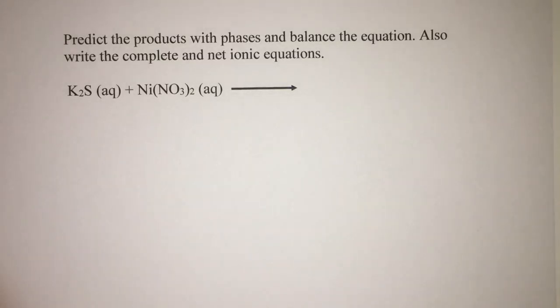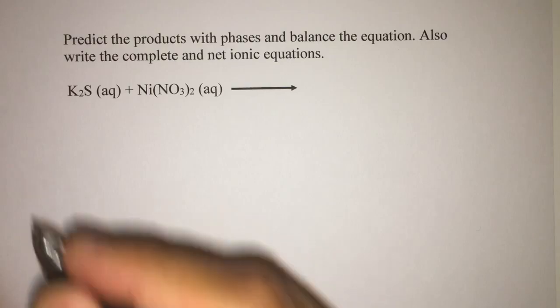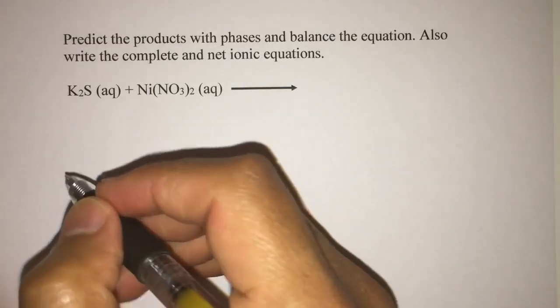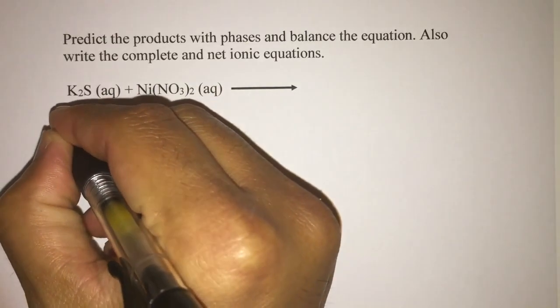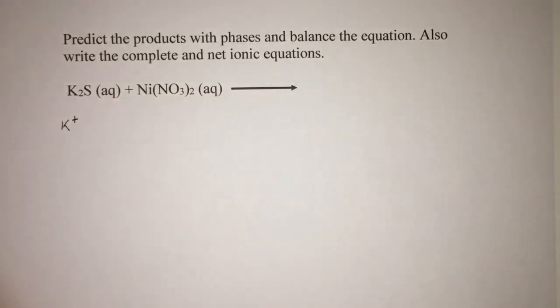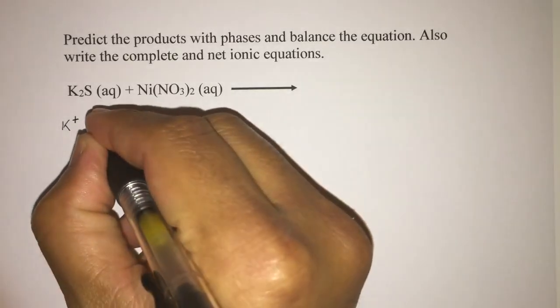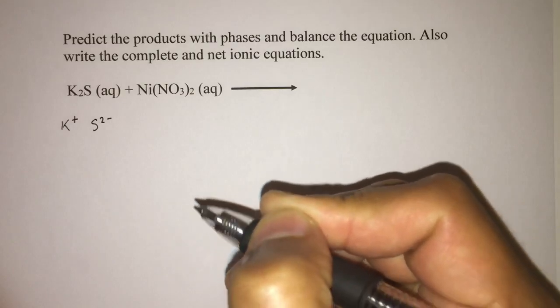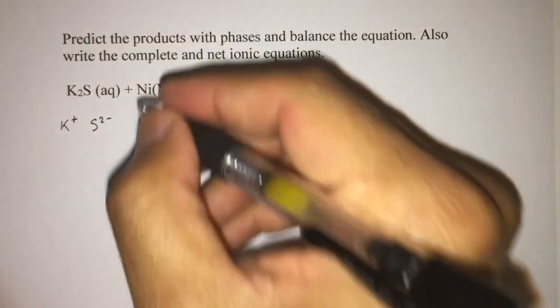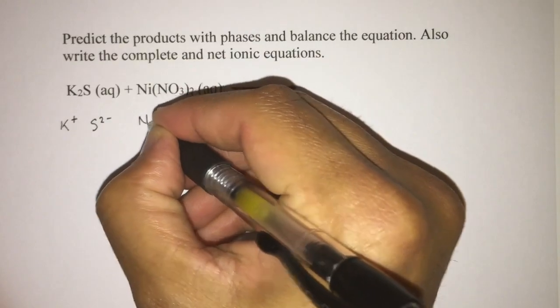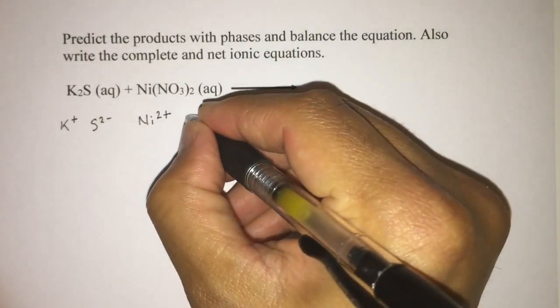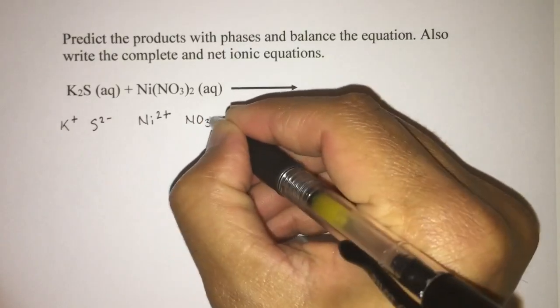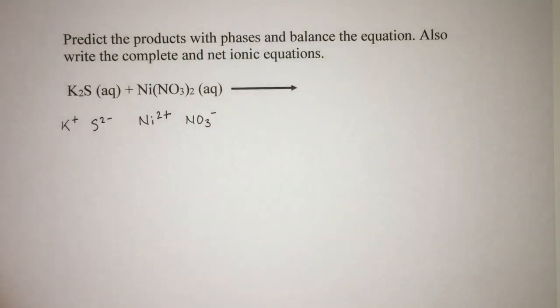Okay, so let's identify the ions that are present in solution. Potassium sulfide has potassium ions and sulfide ions. The nickel nitrate solution has nickel ions, and it also has nitrate ions.